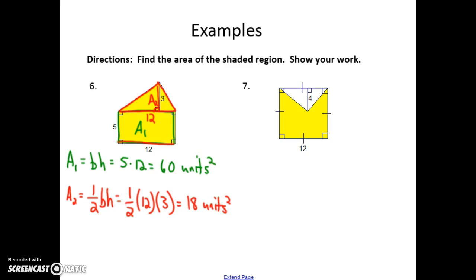And then I want the total. So I need to add those together, and we'll call that A total, is 60 plus 18, which is 78 square units, or units squared.